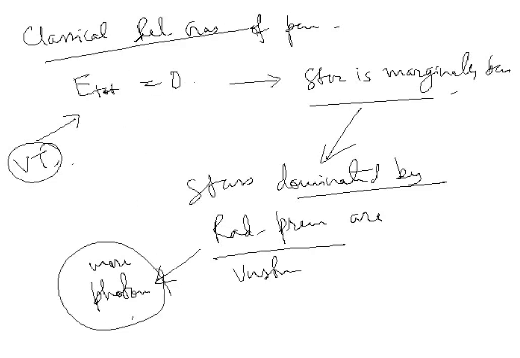So you can say this is a relativistic gas, and this is what you can say in this way, that stars are marginally bound for radiation dominated stars, right?